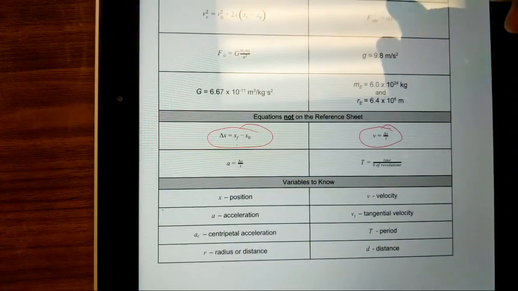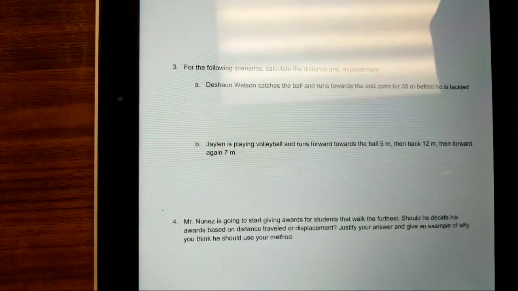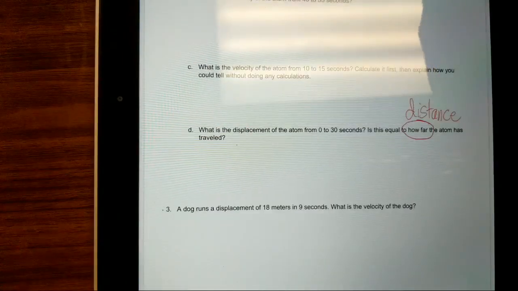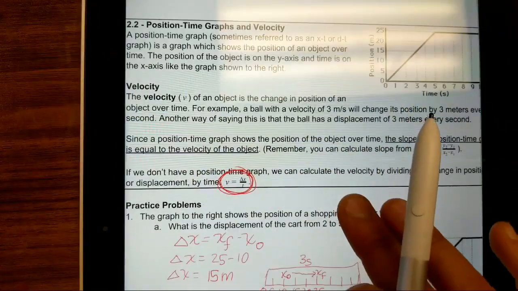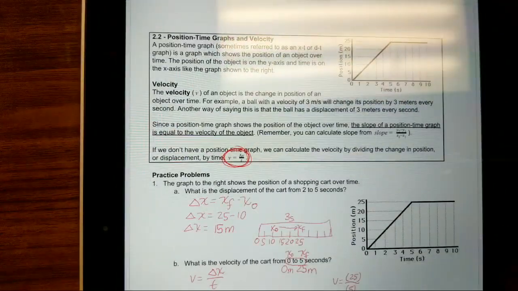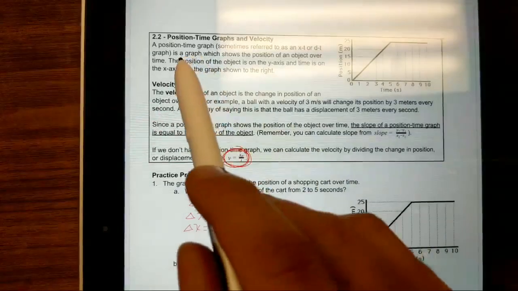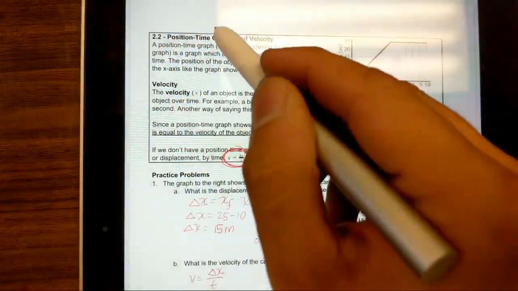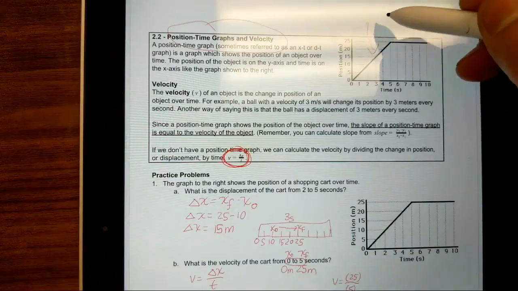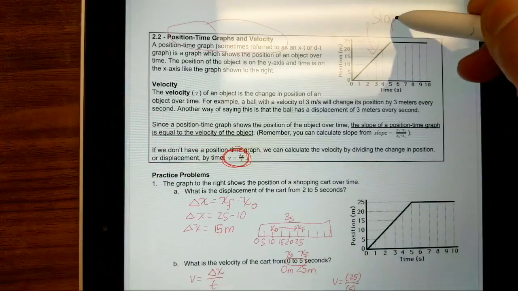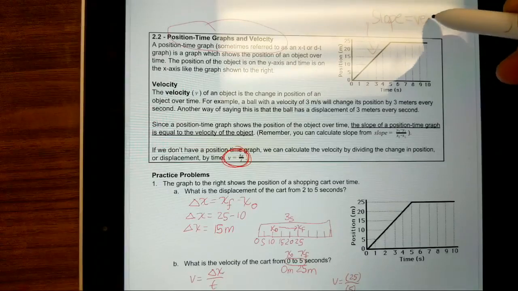And finally, make sure that you also know, this is page 9, the position time graphs. You should know that if I take the slope, I get the velocity.